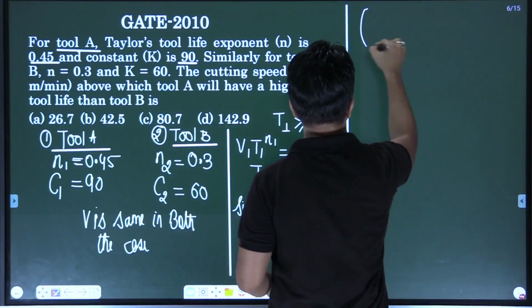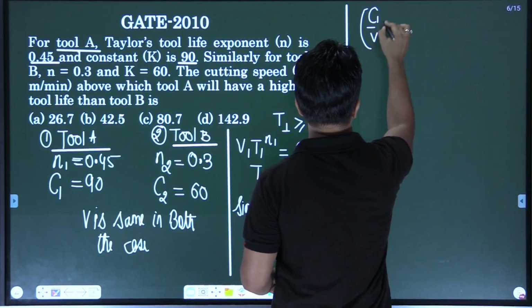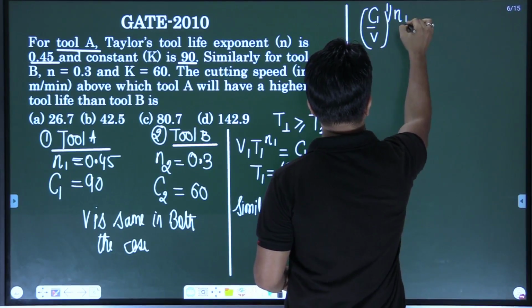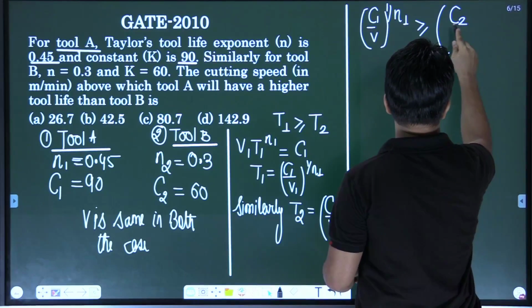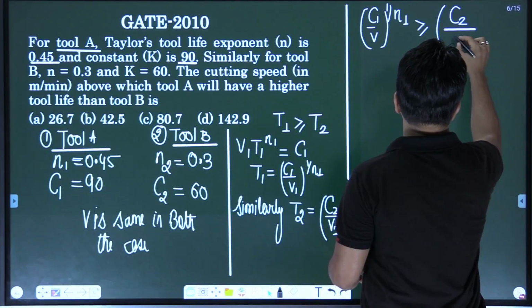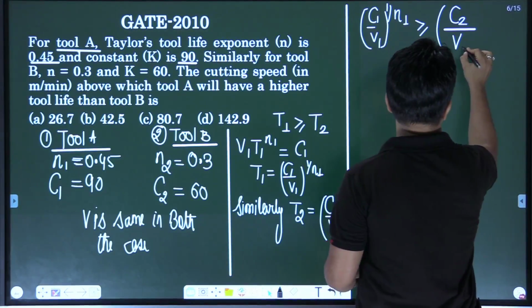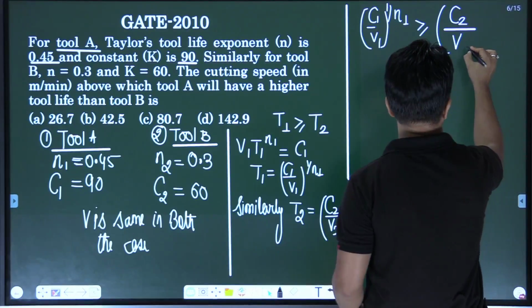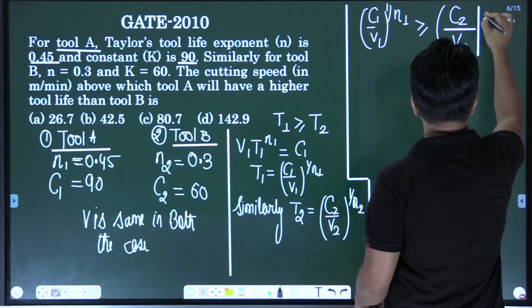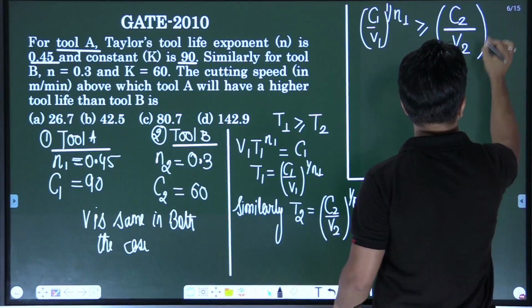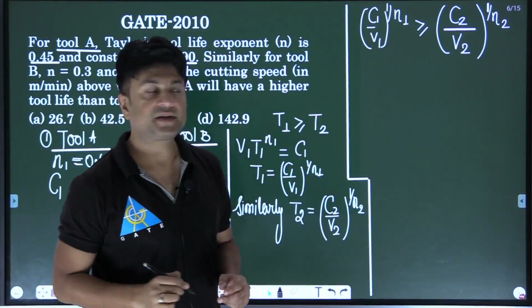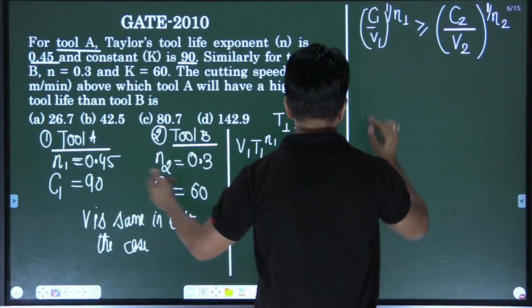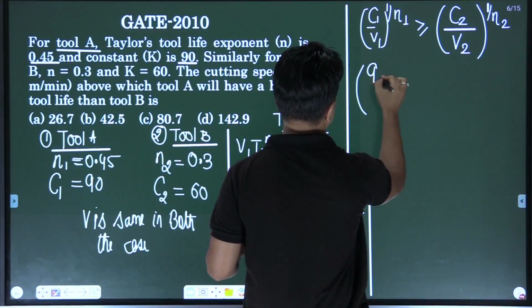Now, T1 is C1 divided by V1 to the power 1 by N1, greater than or equal to C2 divided by V2 to the power 1 by N2. What is C1? C1 is 90.